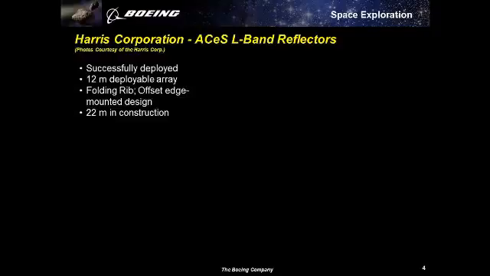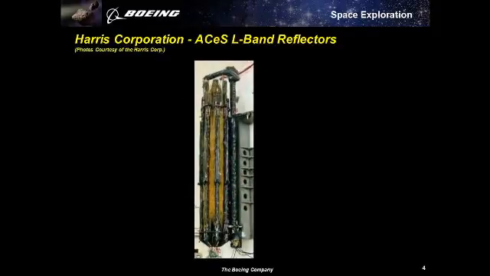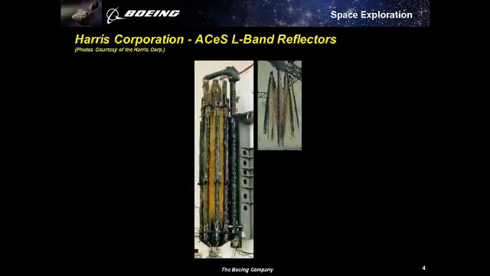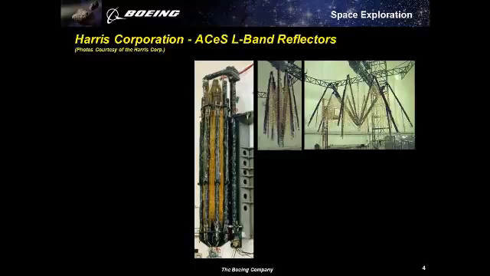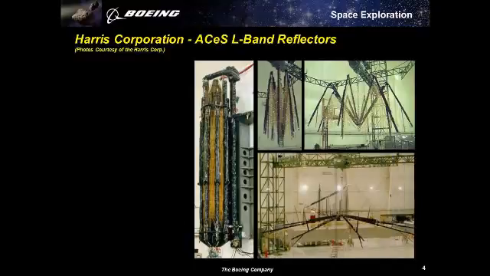Boeing teamed with Harris primarily because of its expertise in large deployable structures. Seen in these photographs is the reflector that was fielded by Harris for the ACES commercial communications satellite that is currently in operations on orbit. The type of reflector that you see being deployed here is 12 meters in diameter in the final deployed configuration.